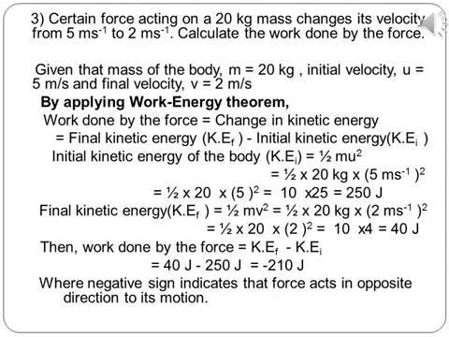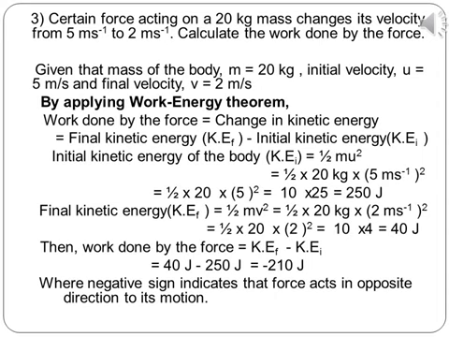By applying the work energy theorem, work done by the force is equal to the change in kinetic energy, which is equal to final kinetic energy KEF minus initial kinetic energy KEI.